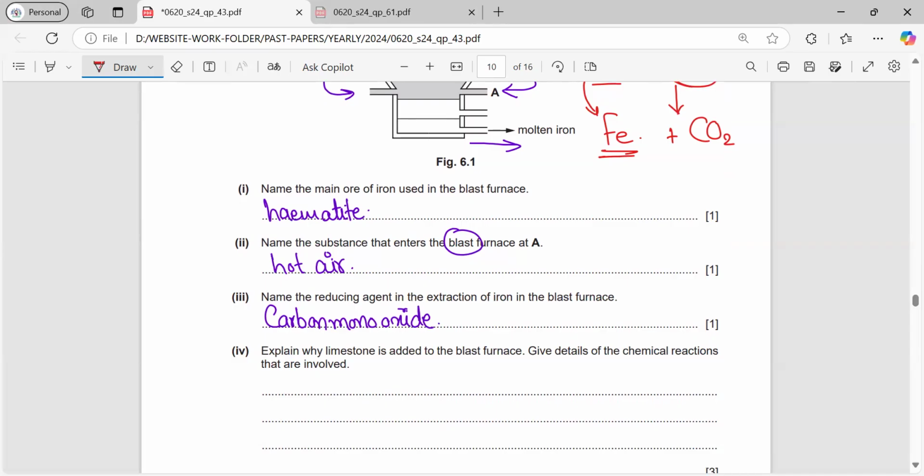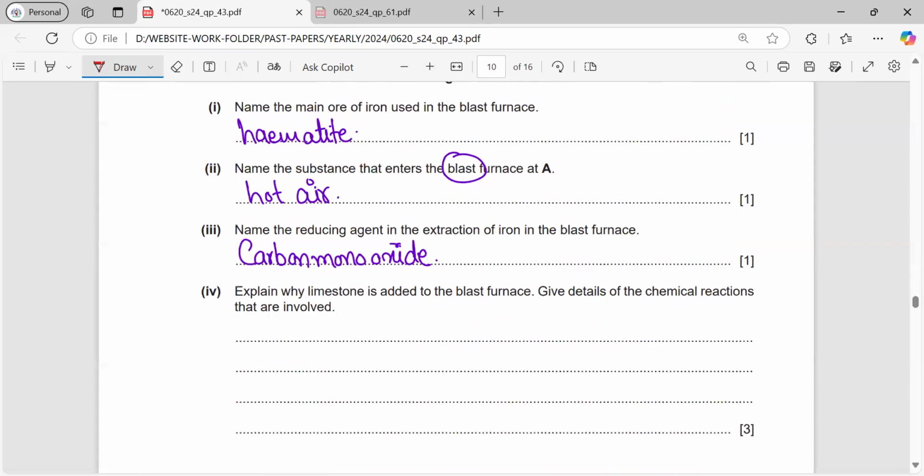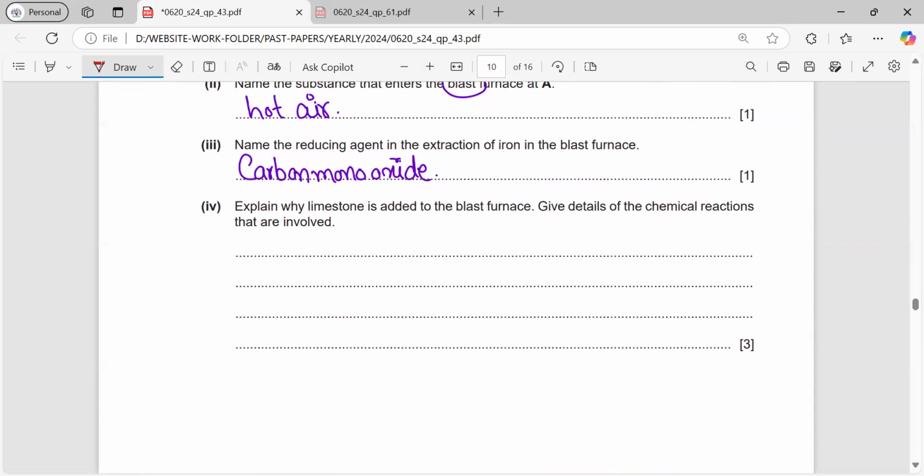Explain why limestone is added to the blast furnace. Give details of the chemical reactions that are involved. So why is the limestone added? Now, first of all, what is limestone? Limestone is calcium carbonate. Why are we adding calcium carbonate in the blast furnace?